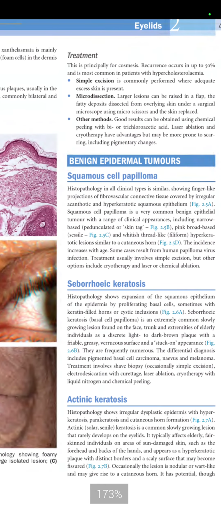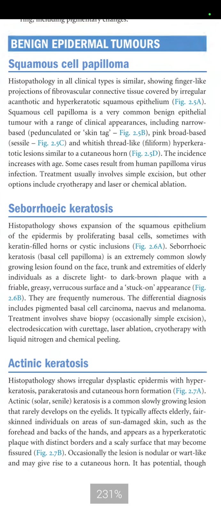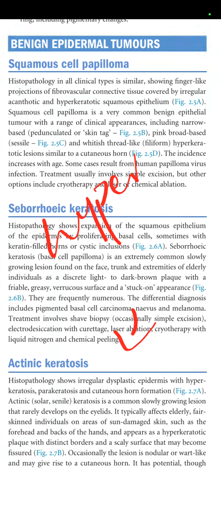Next is actinic keratosis. Histopathology shows irregular dysplastic epidermis with hyperkeratosis, parakeratosis, and cutaneous horn formation. These are all the pathologies that we have discussed earlier. What is hyperkeratosis, parakeratosis, and cutaneous horn formation? You can say that the epidermis is having dysplastic cells.